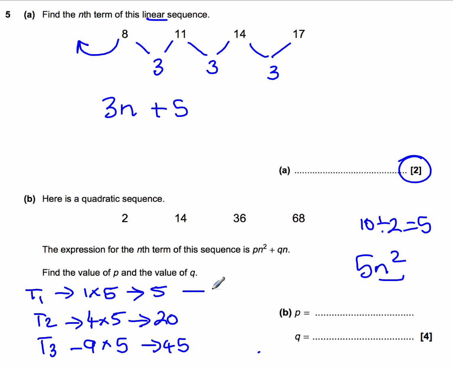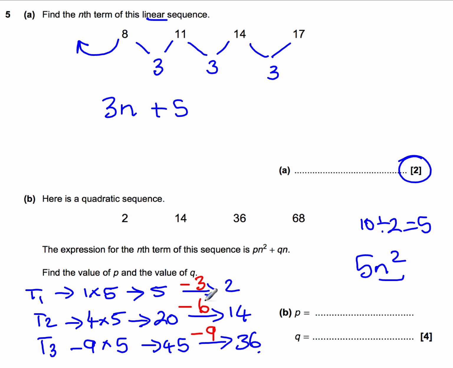Now I'm going to compare it to the actual terms I want. So the actual terms I want, term 1 is 2, term 2 is 14, and term 3 is 36. So just in another colour, let's see. For me to get from 5 to 2, I'm going down by 3. For me to go from 20 to 14, I'm going down by 6. For me to get from 45 to 36, I'm going down by 9.